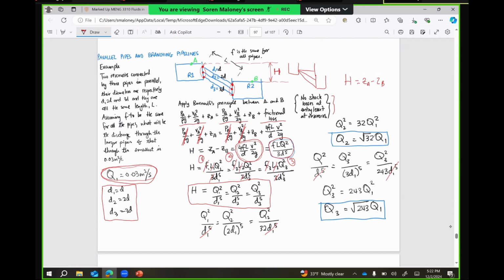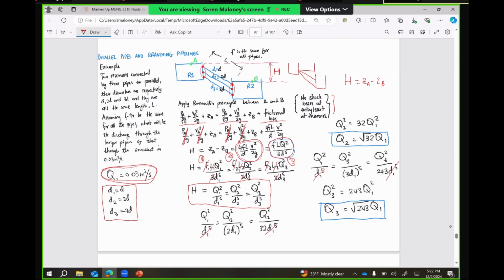So I have enough information to find the flow rates in the second pipe and the third pipe, because that's what the question wants me to do. It wants me to find out what is the discharge in the two larger pipes, Q2 and Q3, pipe 2 and pipe 3.